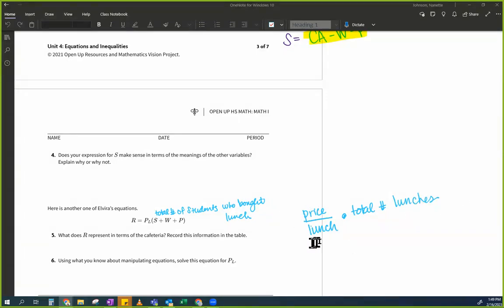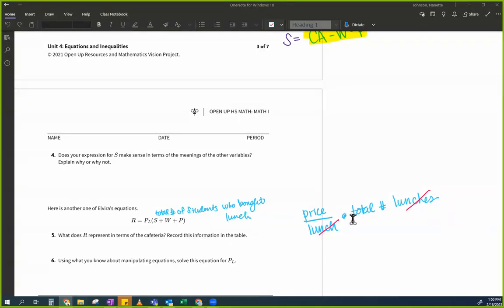Yeah, you can cancel lunch with lunch. Wait, you want me to cancel the lunches? So what am I left with? No lunches. But what is the answer for what does R represent?